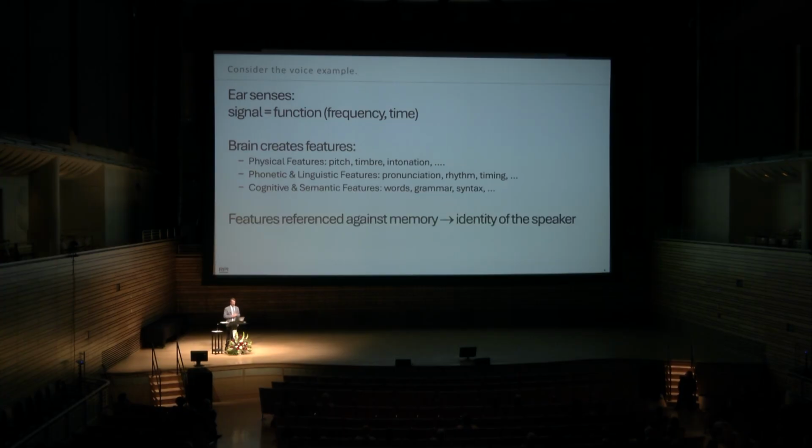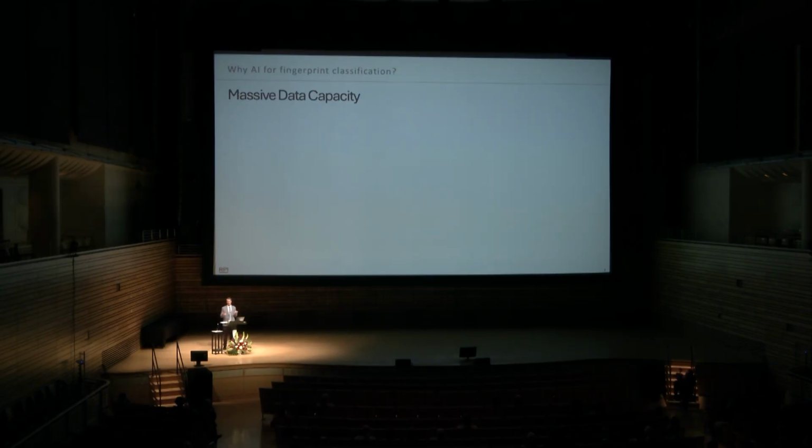Those things together are then referenced against my memory bank, and I say, that must be the speaker, it must be Barack Obama. So we're limited as human beings because we have limited memory. We also have limited ability to form features. So one of the great things about AI is it has effectively infinite data capacity. We can train AI on pretty much anything that we can come up with. So we can increase its memory banks.